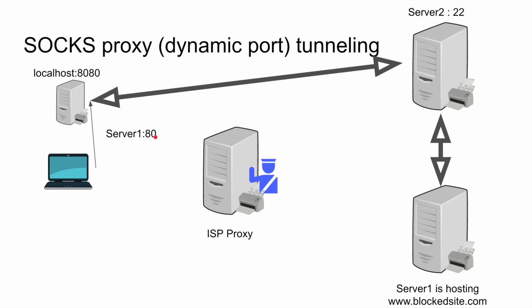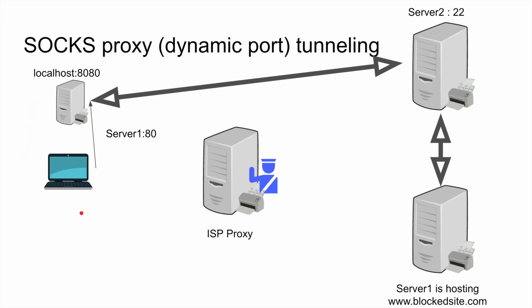You're going the smuggling route, right? It takes your request, packages it up as an SSH request, and sends it over. Server 2 gets it, makes the request on your behalf, gets back the results, and then obviously gives you the result.